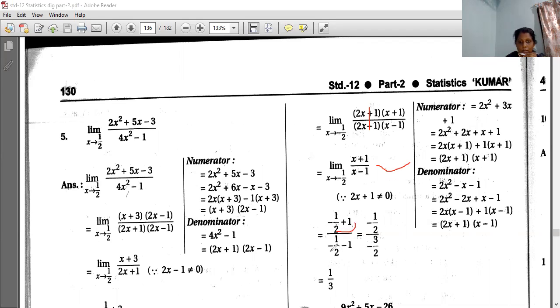And again here -2, here it will be plus, because -1 plus 2 whole upon 2, that comes to 1/2. Here 1/2 will come, and here cross multiplication, -1 minus 2 is -3/2.